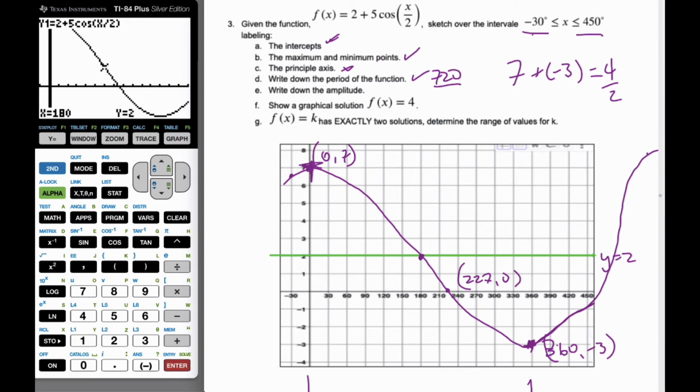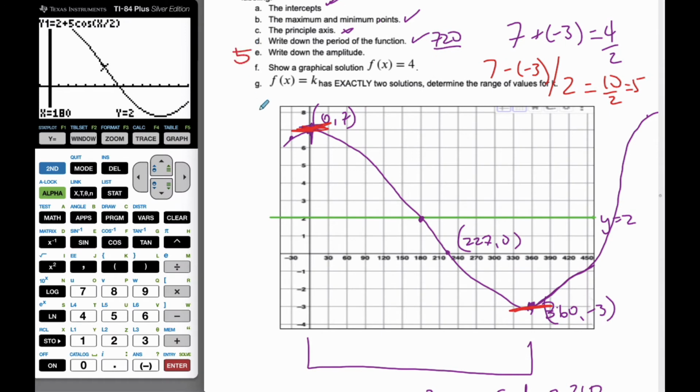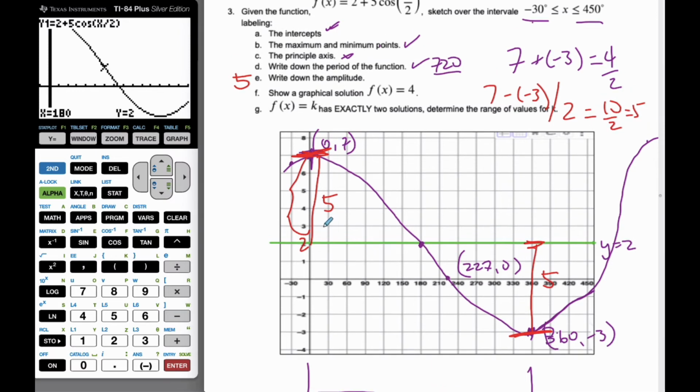The amplitude goes from the top one to the bottom. If I go 7 minus -3, and I divide that by 2, I'll get 10 over 2, which is equal to 5. So my amplitude is 5. I can also see from this value 2 up to 7 is 5, or from the principal axis to the minimum is also 5.